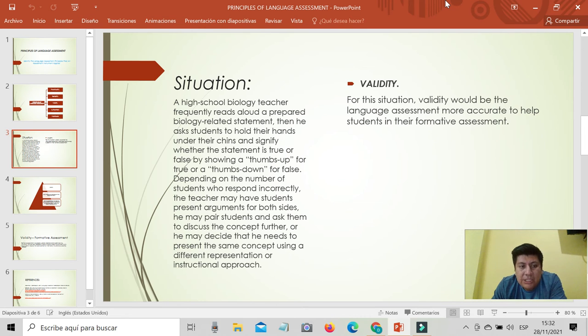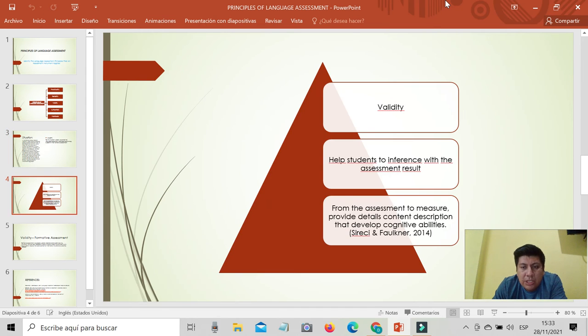This situation provides us an example or an analogy of this principle of language assessment: validity has a relationship with formative assessment, because the feature of validity is that it helps students make inferences and helps students develop their cognitive abilities according to the mistakes they made. I'm also providing the corresponding feedback.